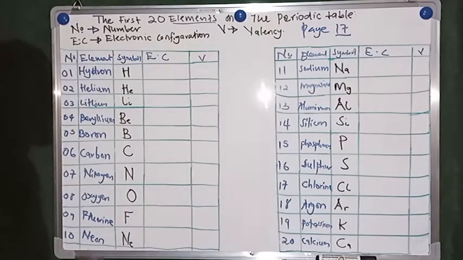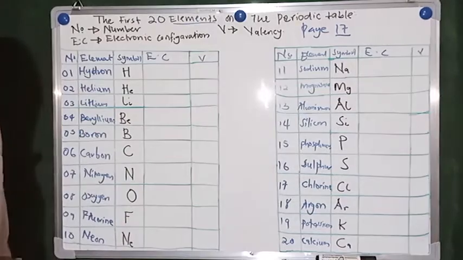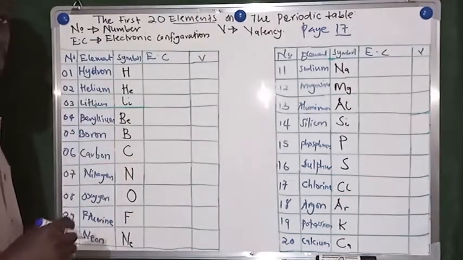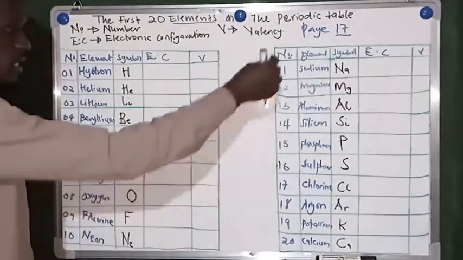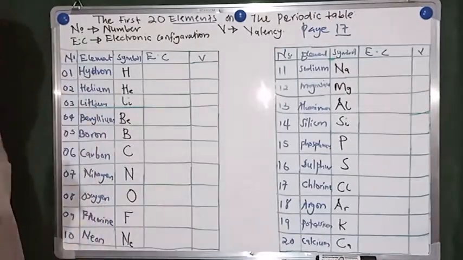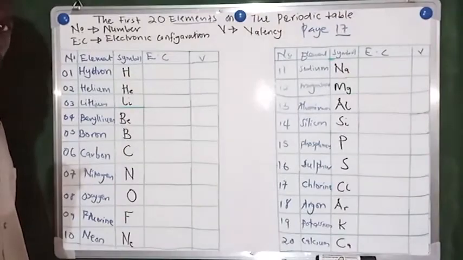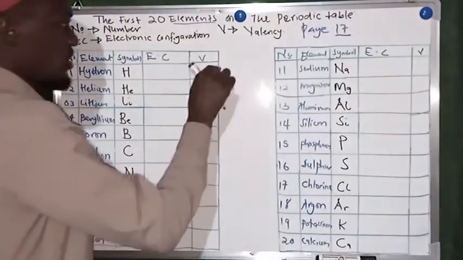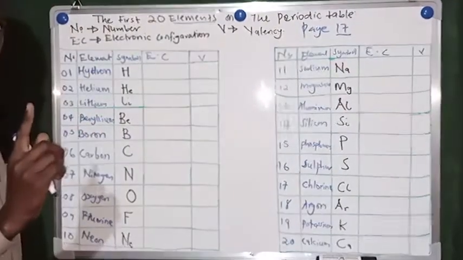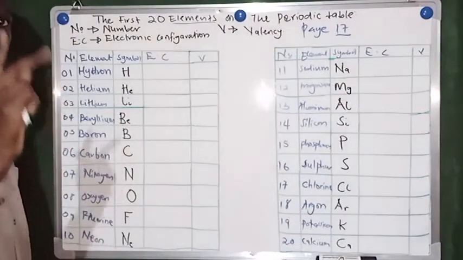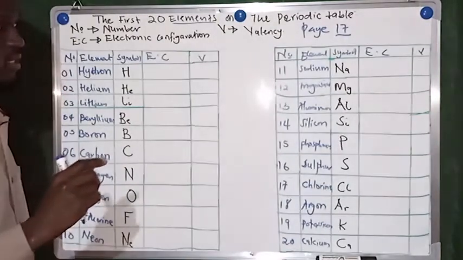Now, next one, we are going to see the electron configuration. We always get the electron configuration from this number. The number of the element is where I got the electron configuration. But whenever writing an electron configuration, the first shell or the first orbit can only allow 2 electrons.